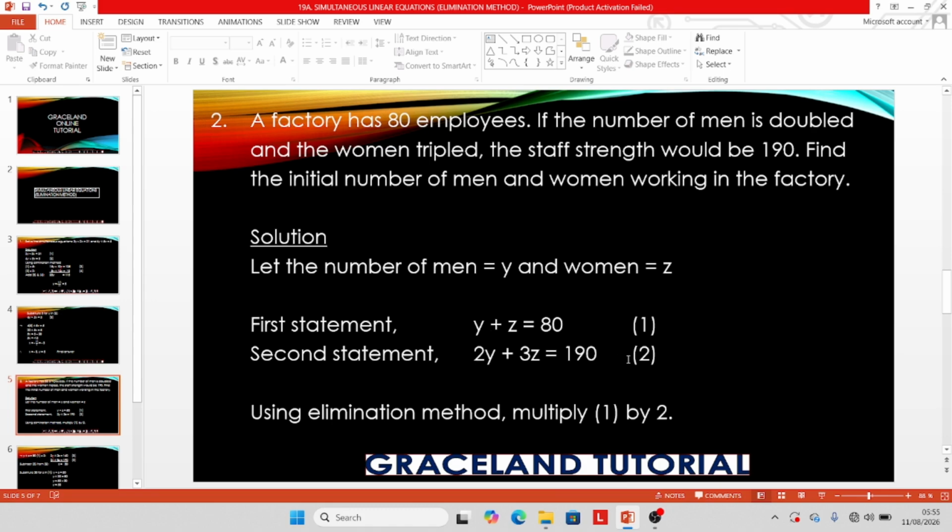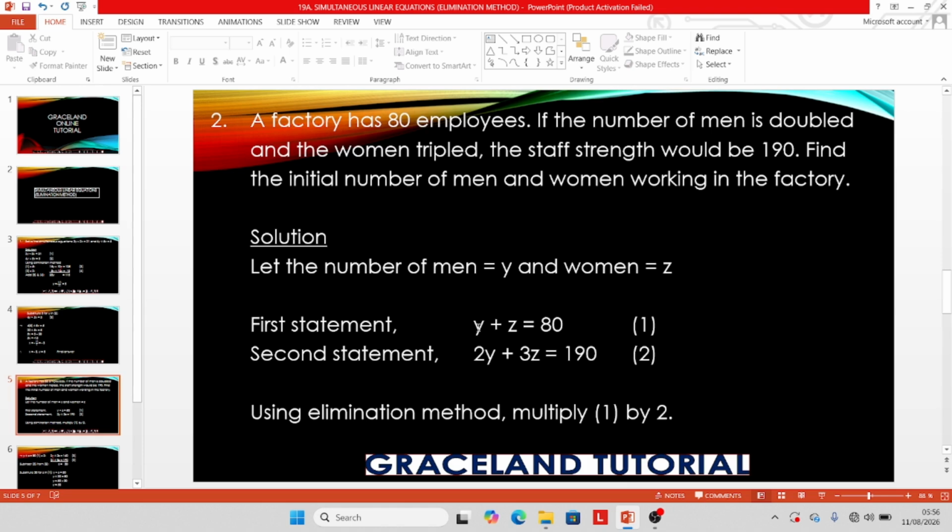But in the second equation, we have 2y. And we have to make sure, for me to eliminate this y now, I must also have 2 as the coefficient of what? Of y.